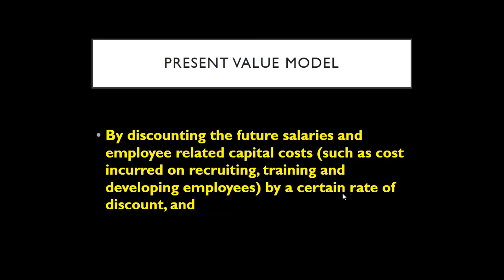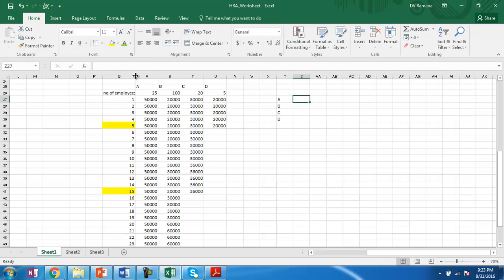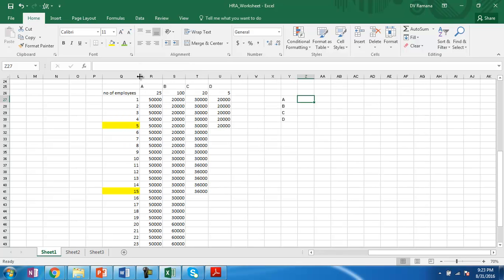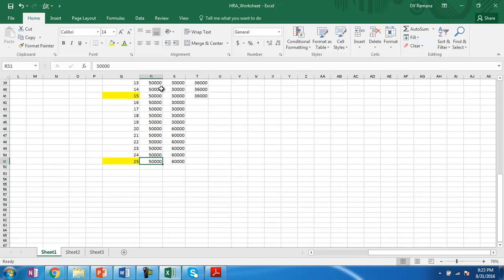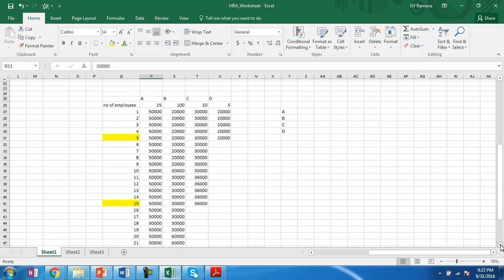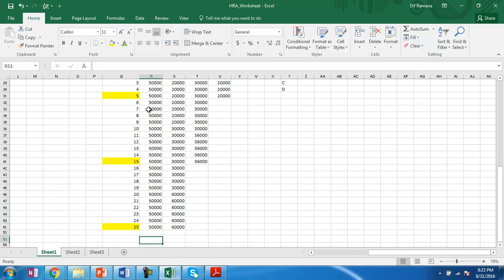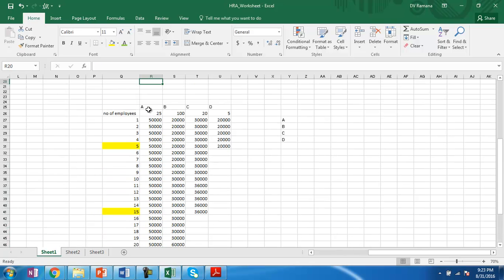Now let us take an example to understand this model. Suppose in an organization, in a very simplified manner, there are 4 different classes of employees. One group of employees is going to get 50,000 without any change for the next 25 years. It may not be very realistic, but for the sake of discussion, let us assume that 50,000 will be given to this group for the next 25 years.